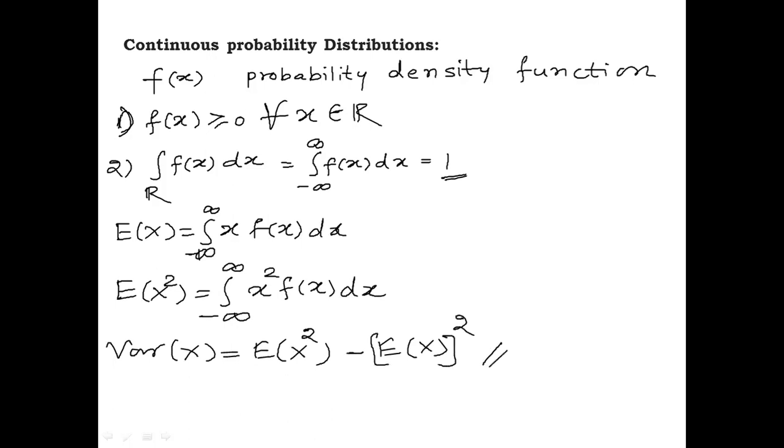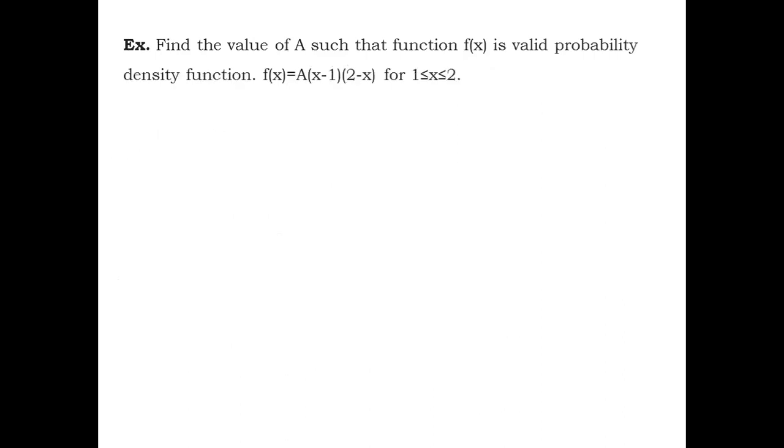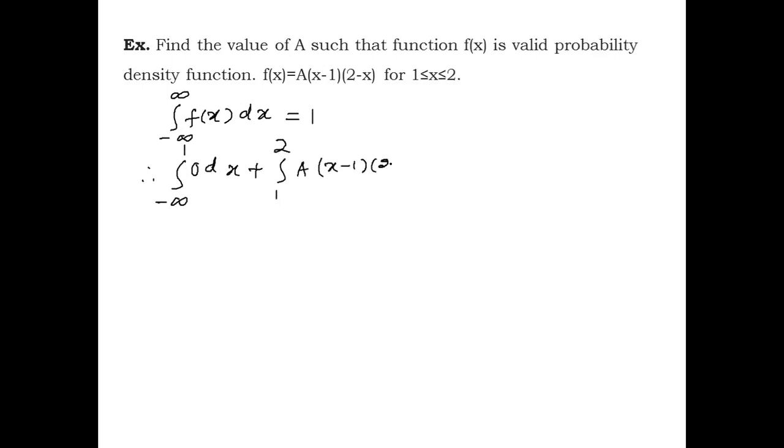Okay. So as such, find the value of a such that this will be a proper probability density function. So we must have the integration of f of x dx from minus infinity to plus infinity equal to 1. Therefore, minus infinity to 1, 0 into dx, plus integration 1 to 2 a into x minus 1 into 2 minus x into dx, plus integration 2 to infinity 0 into dx, and that is equal to 1.